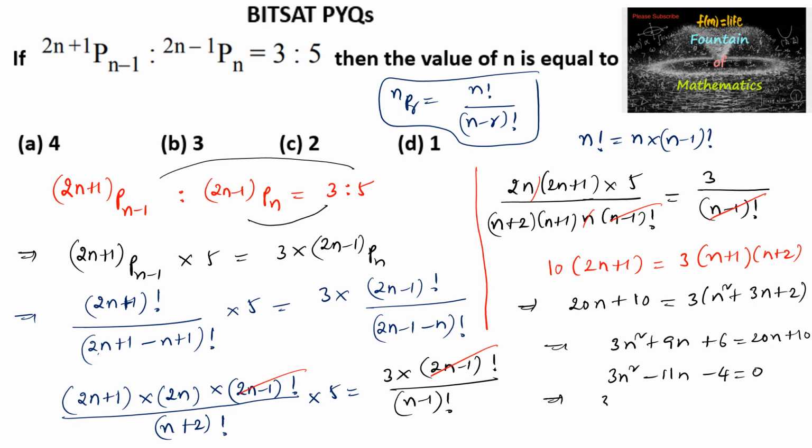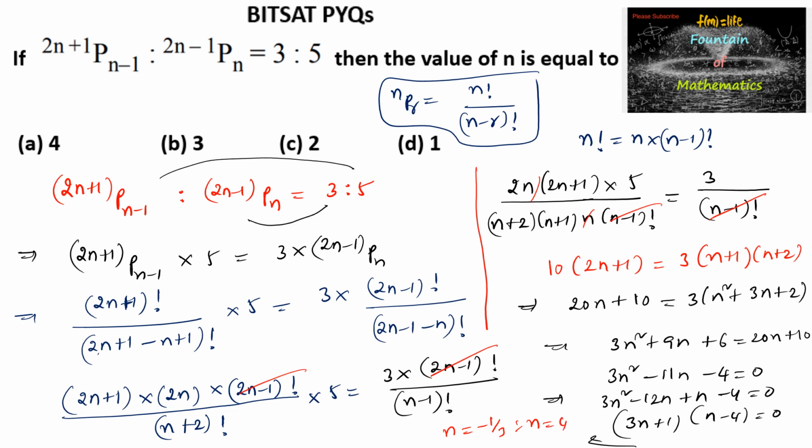So (3n+1) into (n-4) is equal to 0. So from here n is equal to -1/3 and n is equal to 4.